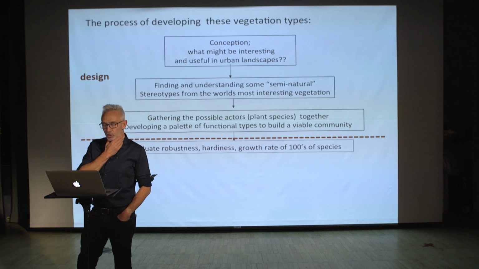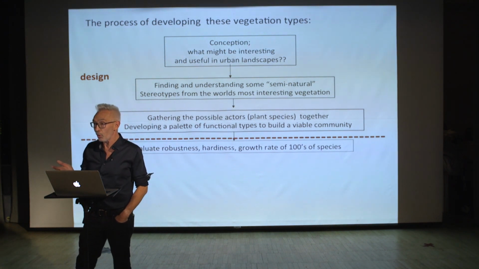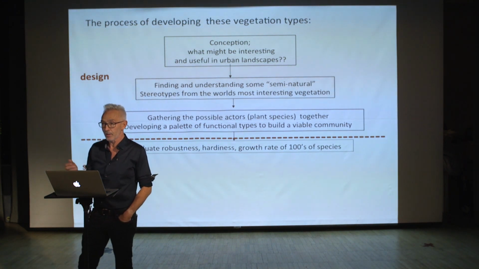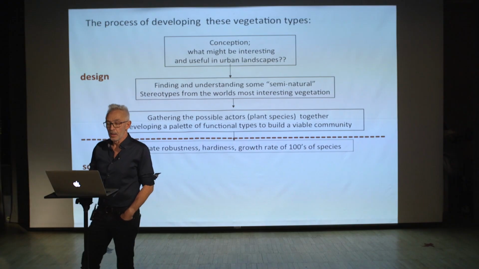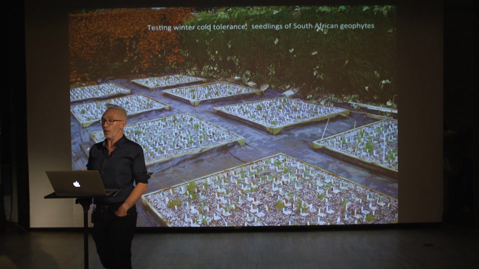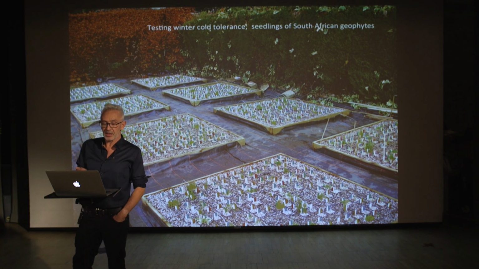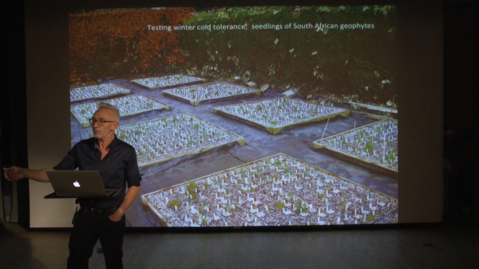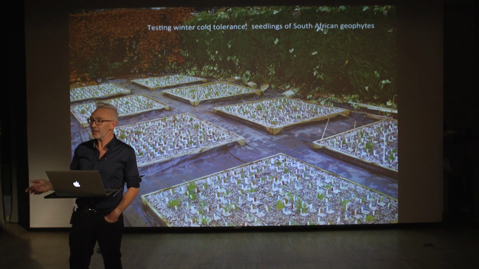So we often work with vegetation that there is no literature on, or it's just very poorly understood. So often we have to evaluate robustness, hardiness, a whole range of these types of things. So here we are with South African Mediterranean geophytes. We put 100 seed in every pot. And we have multiple replicates, and we subject these plots to different cold treatments in winter, and we see how many we kill, because we actually embrace death.